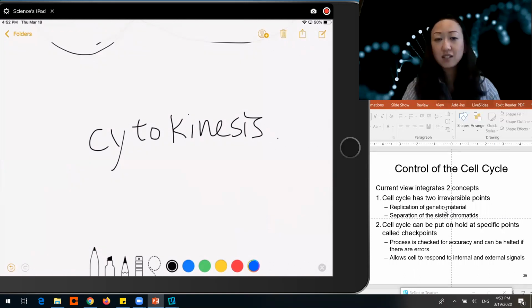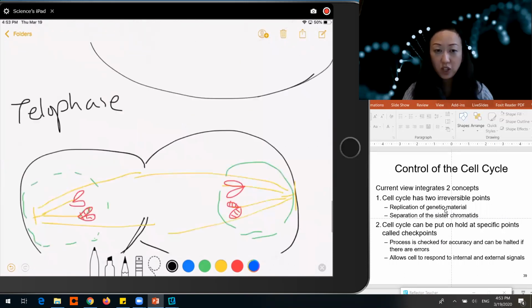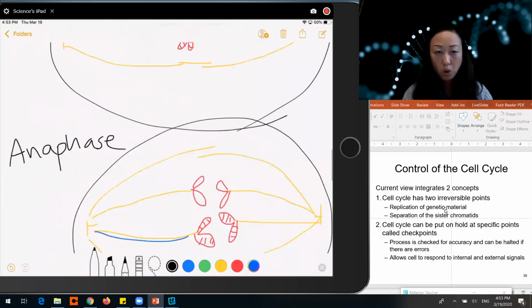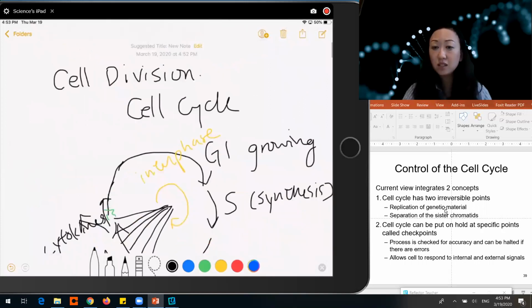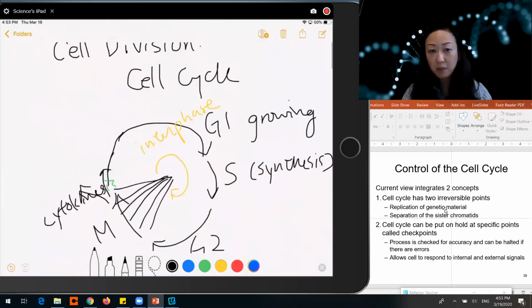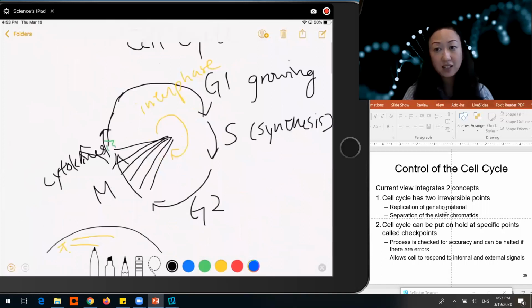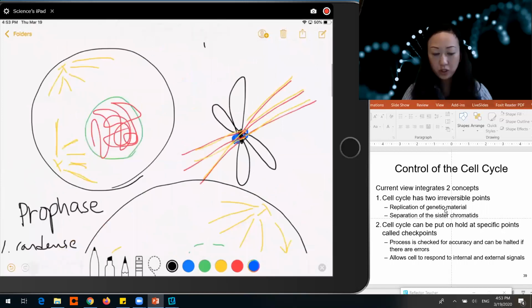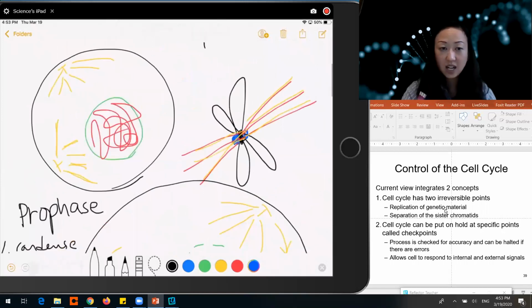There are checkpoints, okay? So as a review, I definitely hope you're able to draw out what a cell cycle is and be able to name the phases. Know what interphase is. It contains G1, S, G2. Know that during interphase, your chromosomes are not condensed, so they kind of look like spaghetti, they're opened.